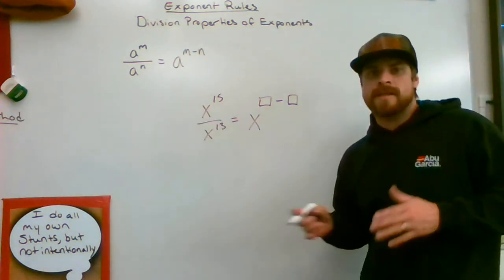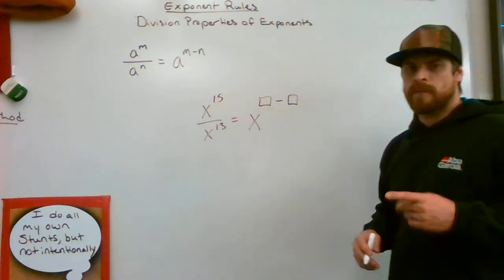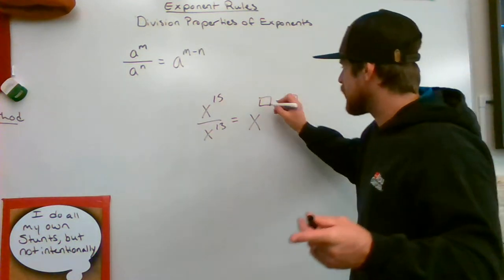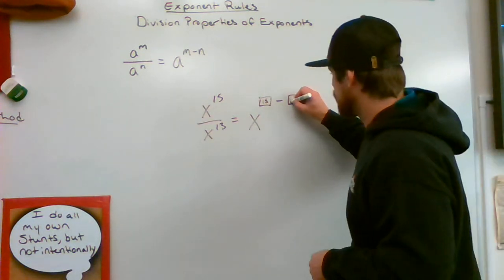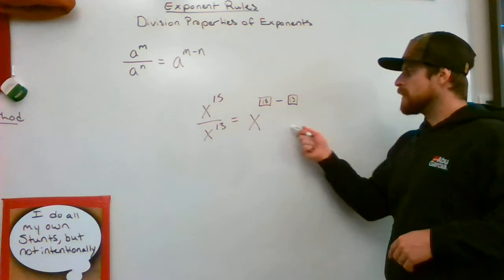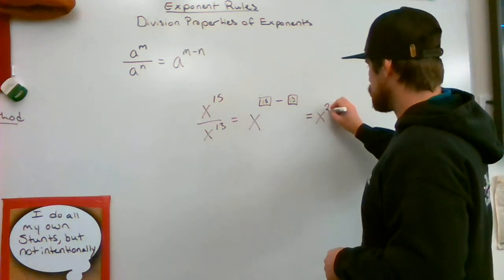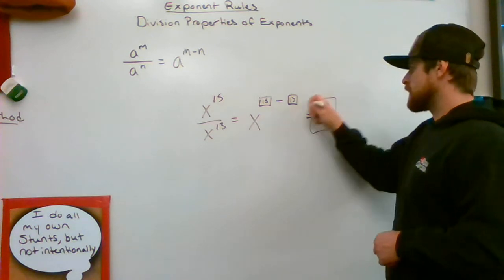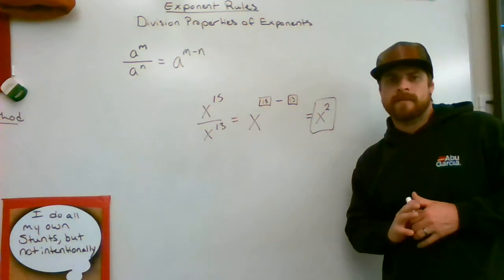Okay, the rule is if my bases are the same, I subtract my exponents. So hopefully what you're copying down right now is a 15 and a 13. And we know that 15 minus 13 gives me 2. So simplifying, we would get x squared.